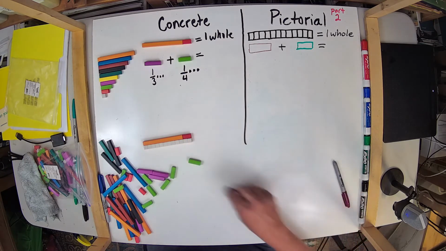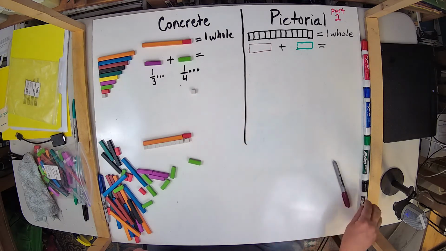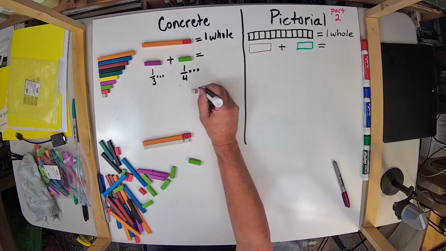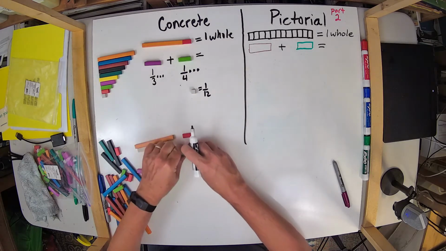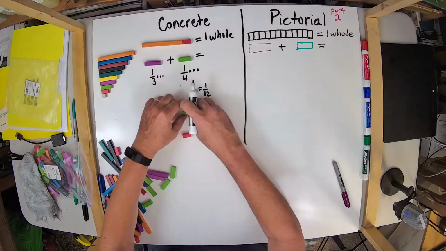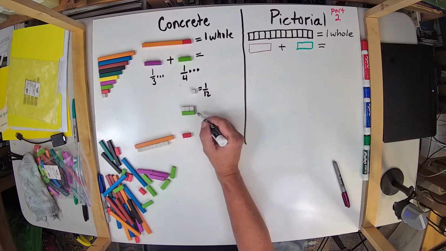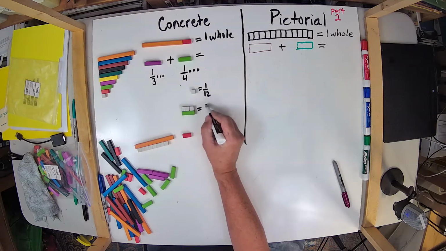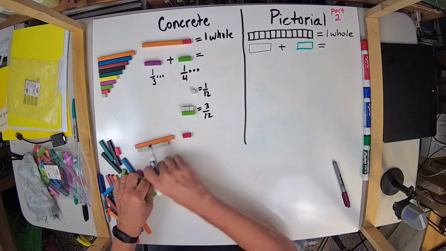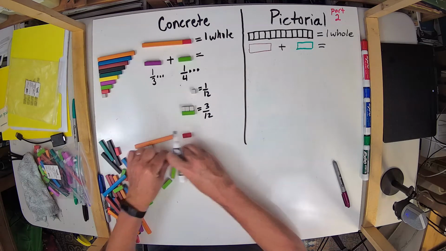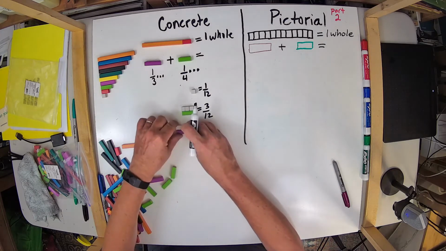So that means that one of these is equal to 1/12. And one of these is equal to 3/12. And one of these, the purple, is equal to 4/12.